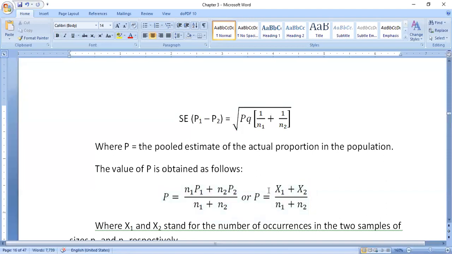Please consider this formula only while we are solving the problem.